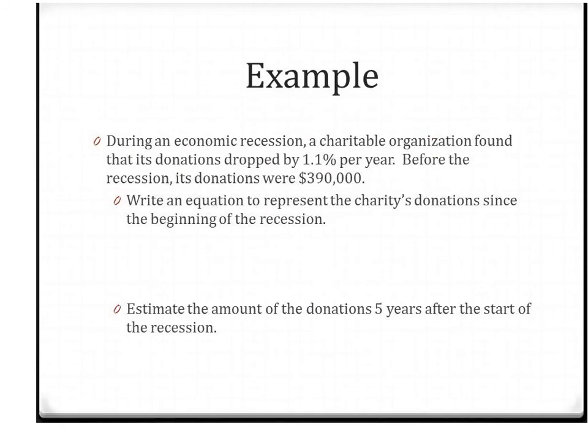During an economic recession, a charitable organization found that its donations dropped by 1.1% per year. Before the recession, its donations had been $390,000. So we want to start by writing an equation. So y equals c times, since it's a drop, this is where we get our 1 minus r.